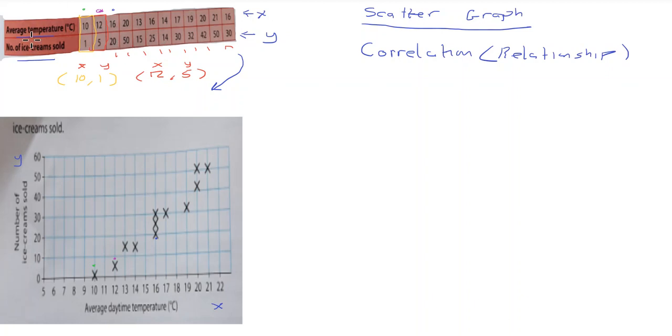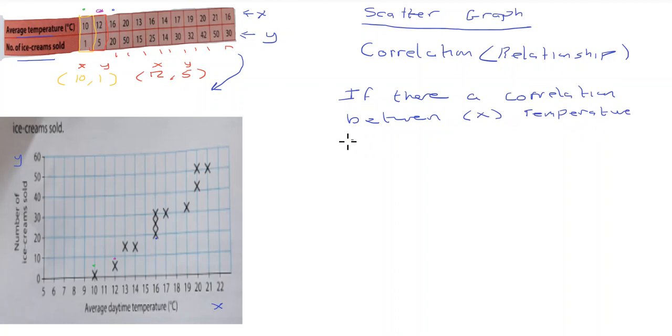So what we're trying to figure out here is: is there a correlation between x, so for example x is temperature, and y, which in this case is ice cream sold?